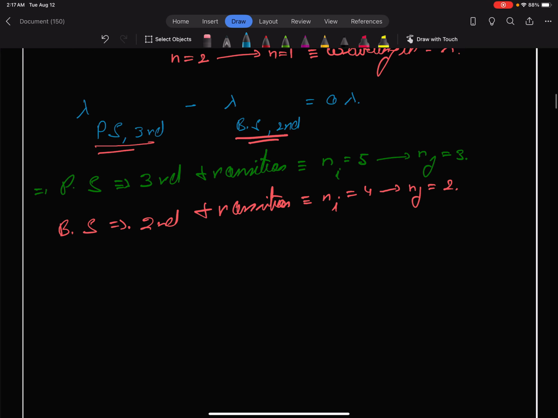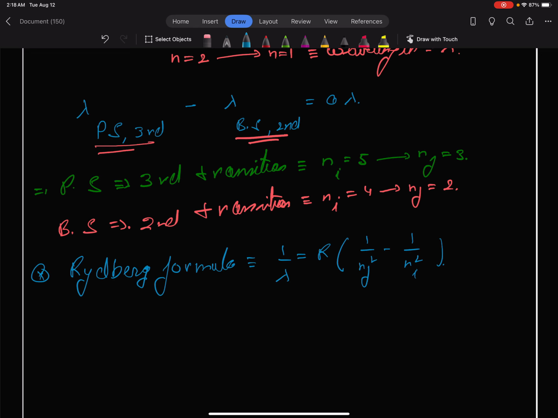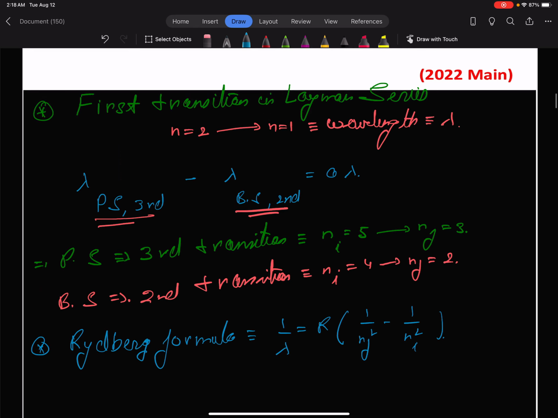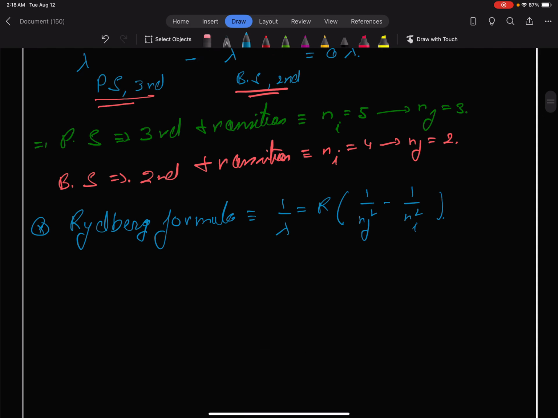So we can say the Rydberg formula tells us 1 upon lambda is equal to R times (1 upon nf square minus 1 upon ni square). First is our Lyman series, and the transition is from 2 to 1, and the wavelength in that case is lambda.